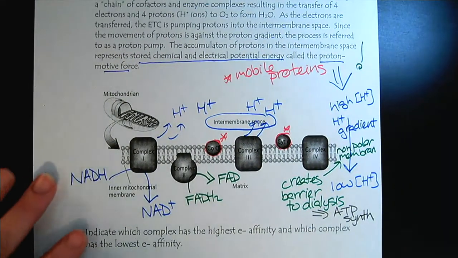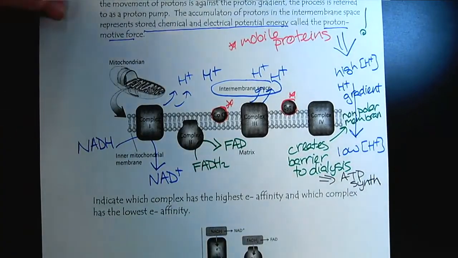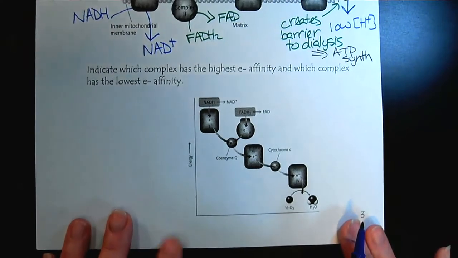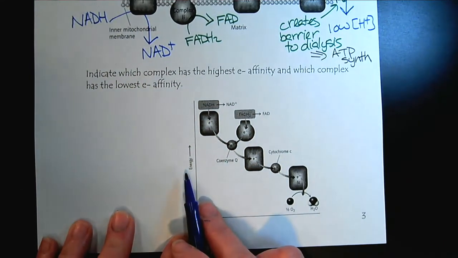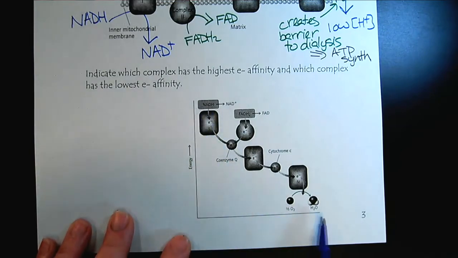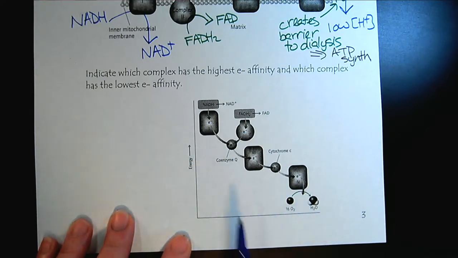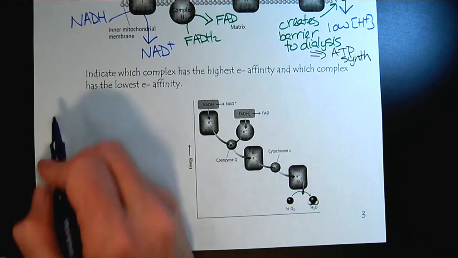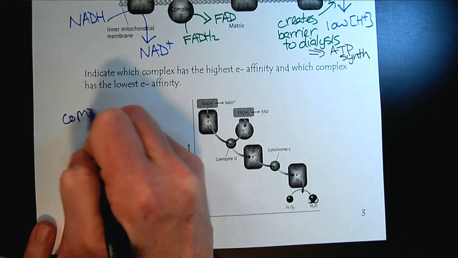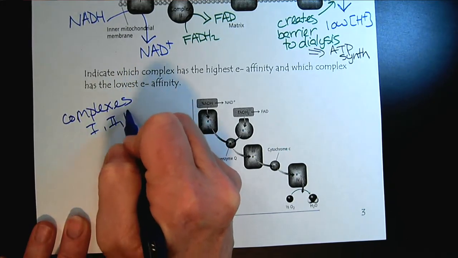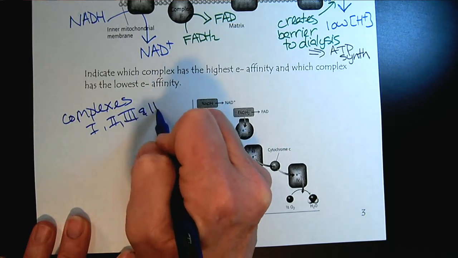Okay, so then energetically, let's look at this a little bit more before we get into the details. Right? So if we look energetically, right, so we have the NADH has the highest energy, and we look at water as having the lowest energy. All right, so these different complexes, right, complexes 1, 2, 3, and 4, right?